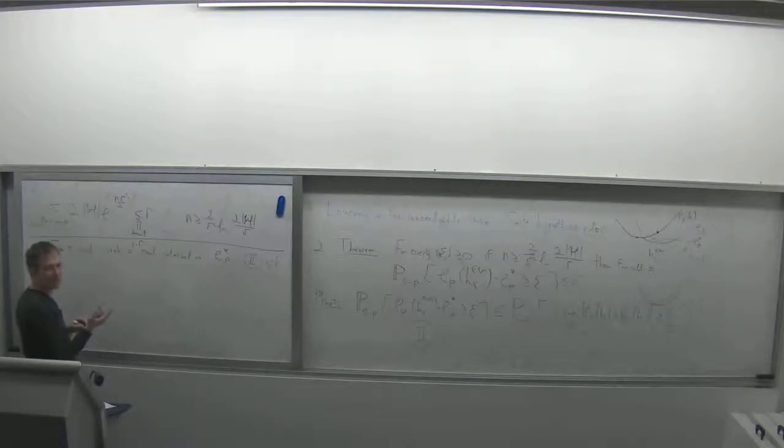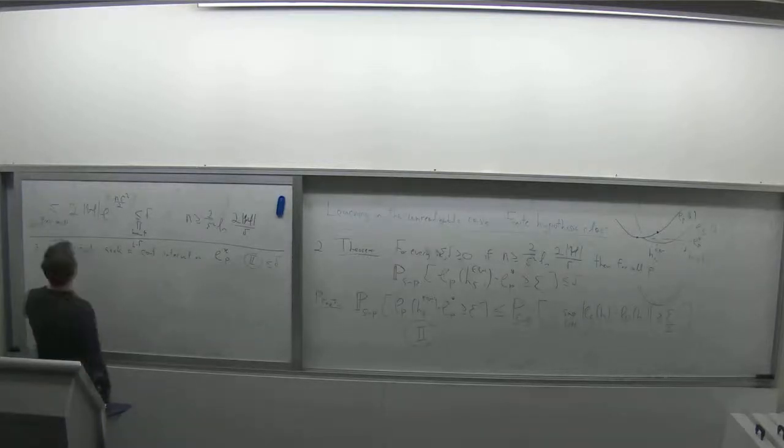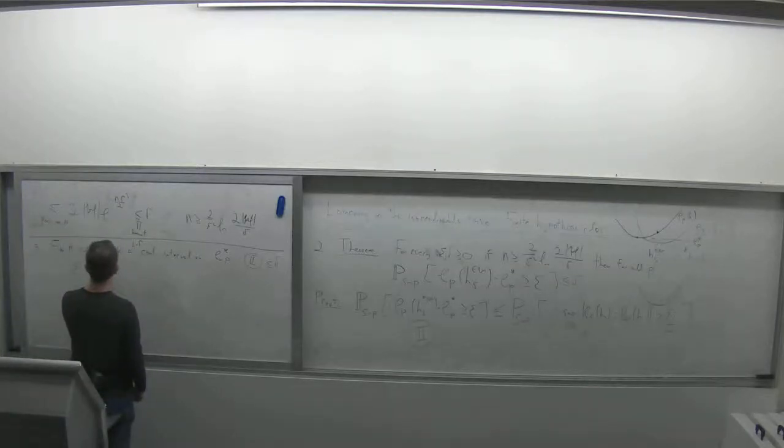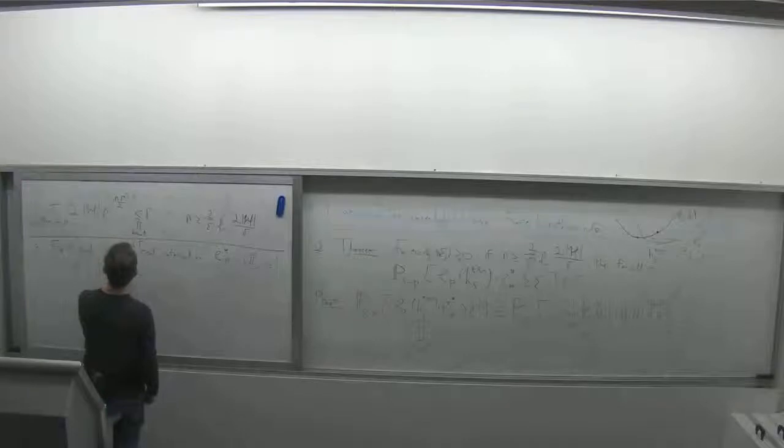So if I do that, I get that epsilon is greater than square root of 2 over n ln 2h over delta.